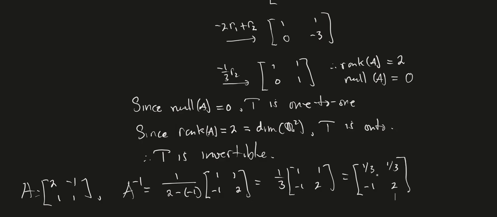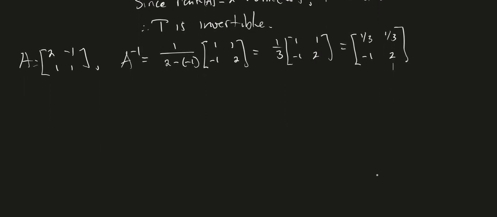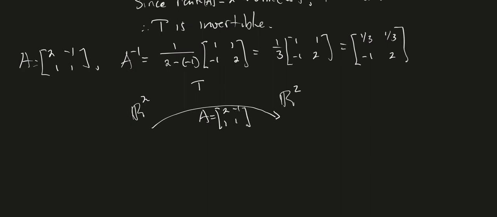Right? So now we have a full description of this invertible transformation. So again, it starts from R2, goes to R2, and T is defined by this matrix, A equals 2, negative 1, 1, 1.